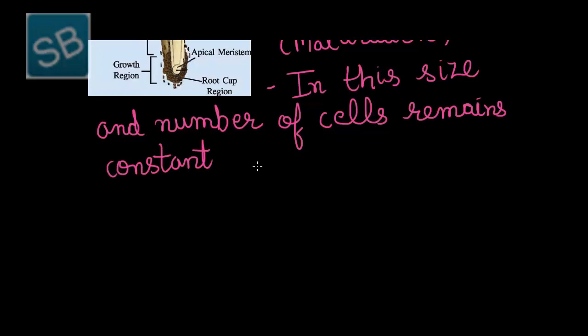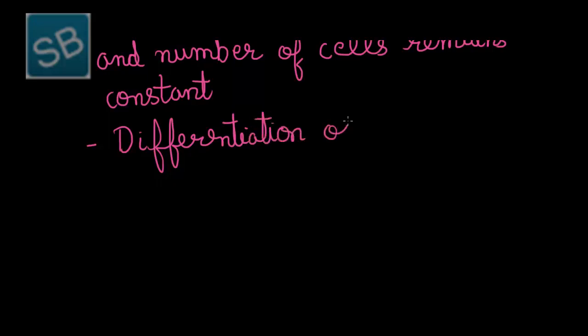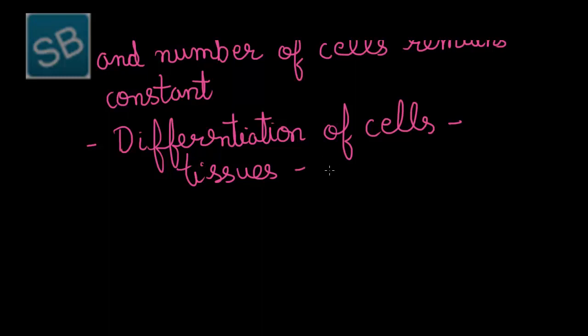Then what is the function of this region exactly? In this region, after the number and size of the cells are constant, there occurs differentiation of the cells to form tissues. These tissues further help in the development of organs and thereby organ systems within the shoots and roots.